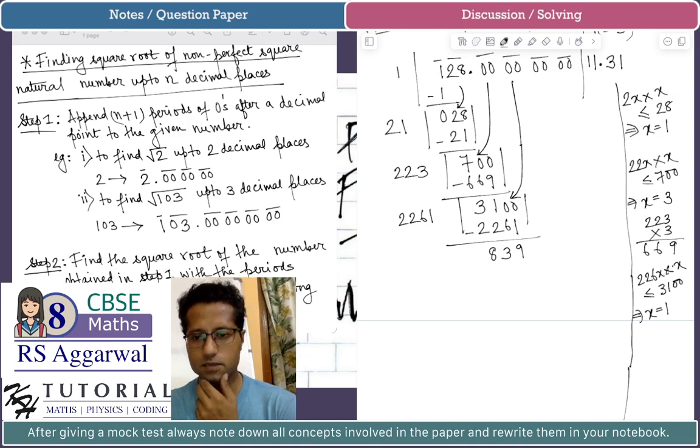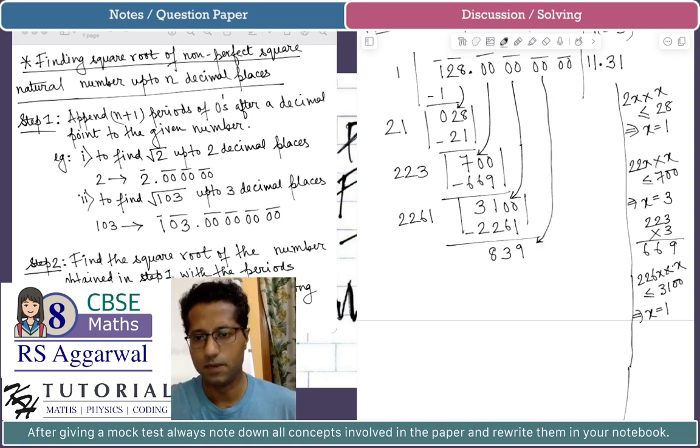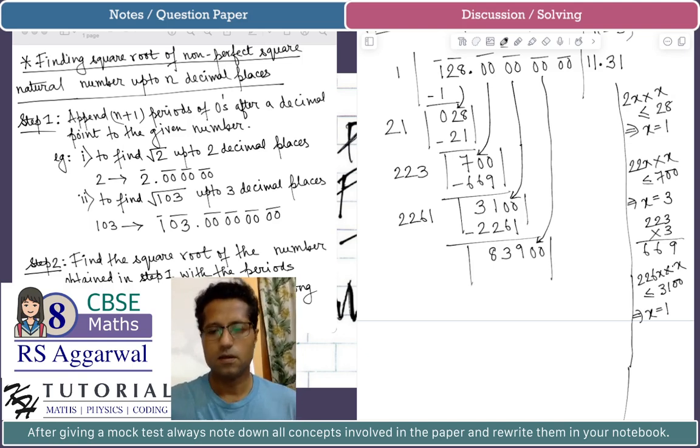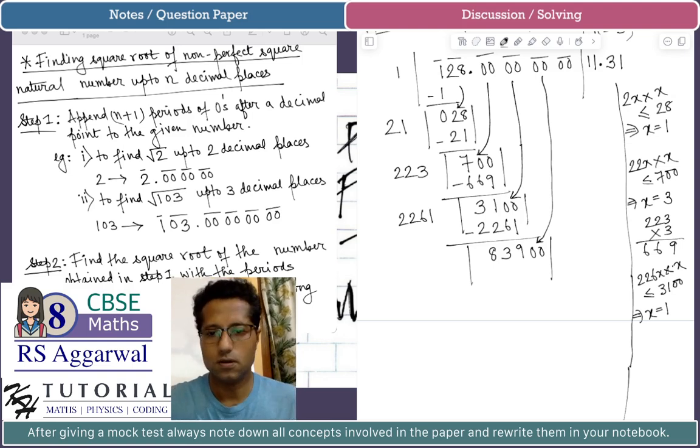So the remainder is 839, and we will bring down the next period and append it to the current remainder, and the next dividend will become 83900. The next partial divisor will be whatever the current quotient is, ignoring the decimal point, multiplied by 2. So it will become 2262.